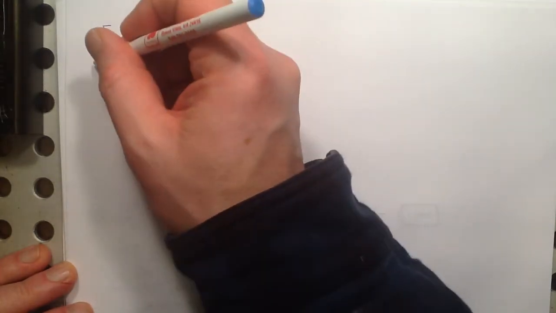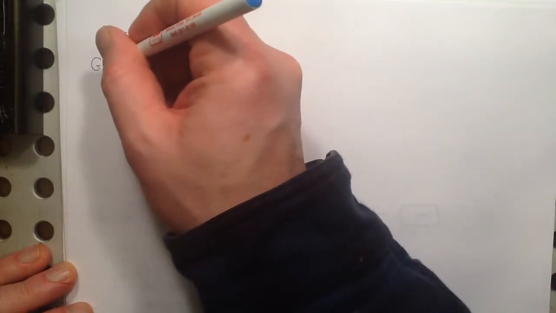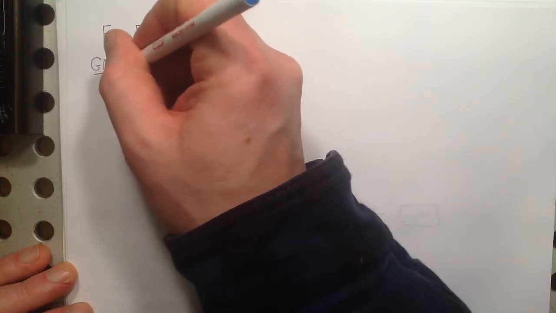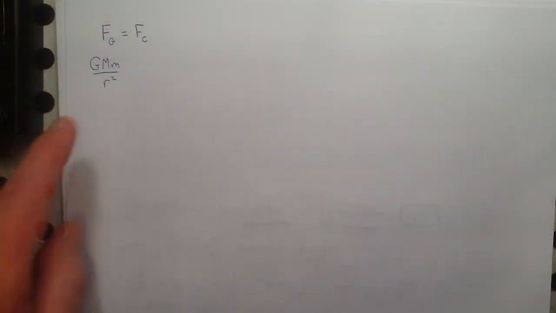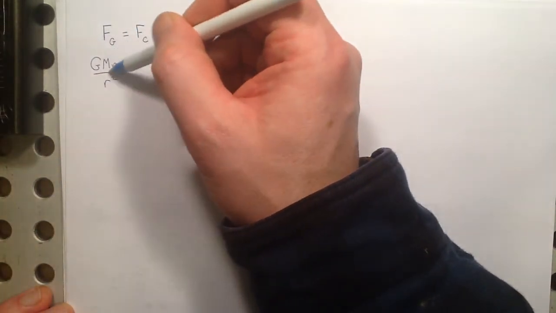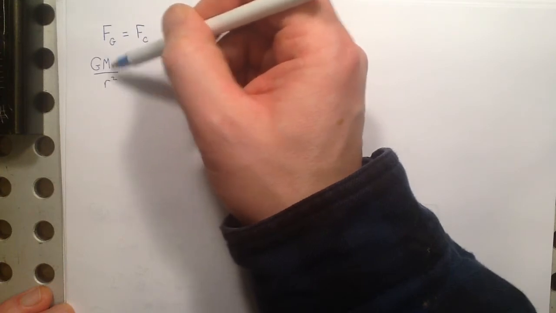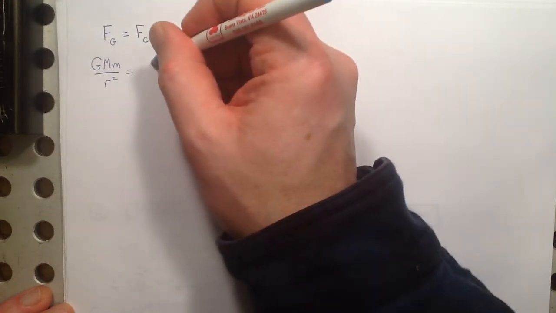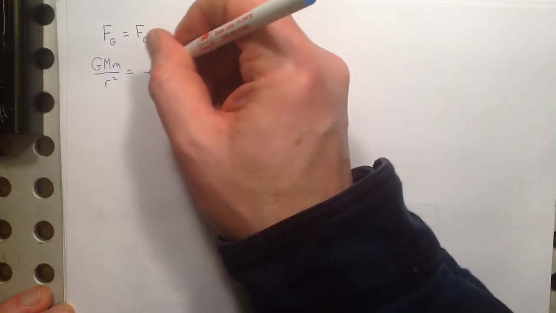So I know that this is G m over r squared. The convention here, sometimes you can subscript these, you could do 1 and 2 if you want, but usually when it's in orbit you use a big M for the thing in the middle and a small m for the thing that's orbiting. And then on this side I have m v squared over r, that's centripetal force.